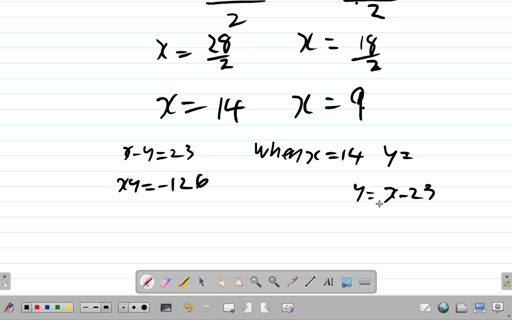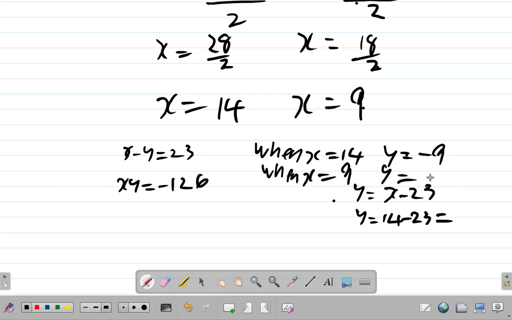Alright? So, y is 14 minus 23, which is what? 14 minus 23 is negative 9. So when x is 14, y is negative 9. And then when x is 9, what is y equal to?